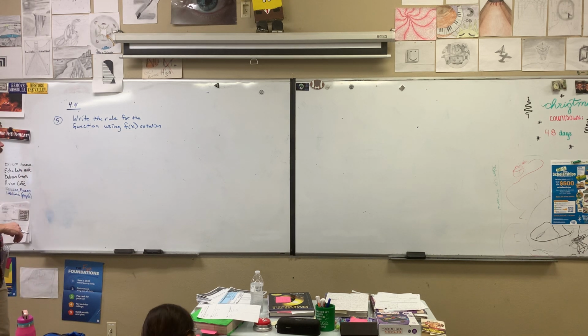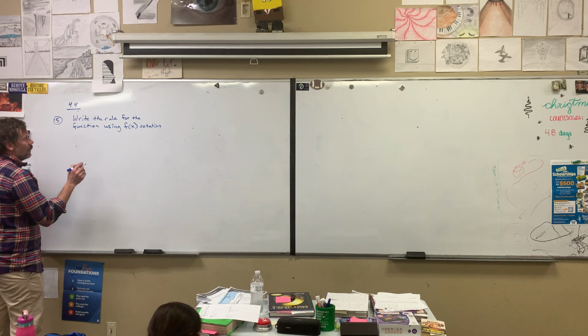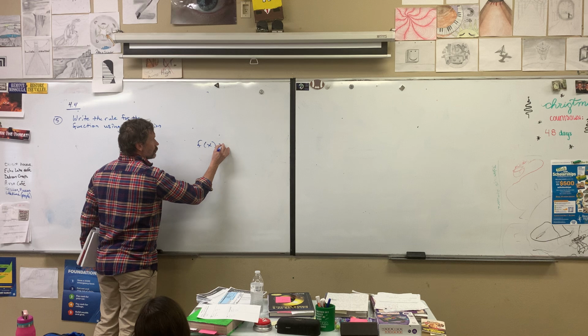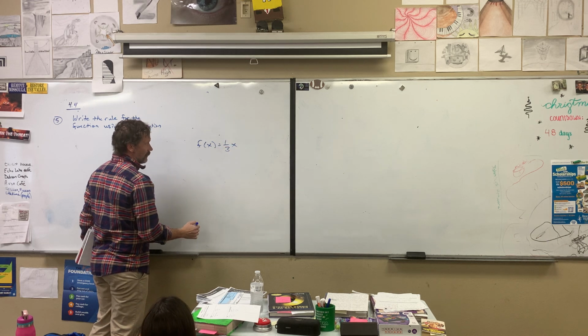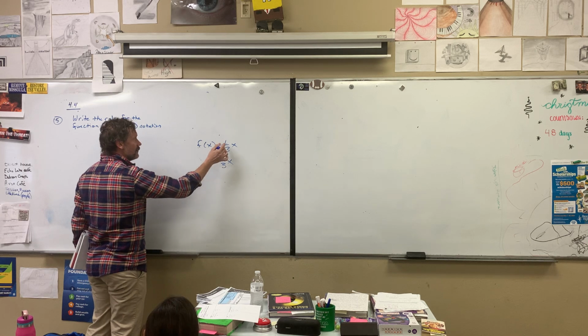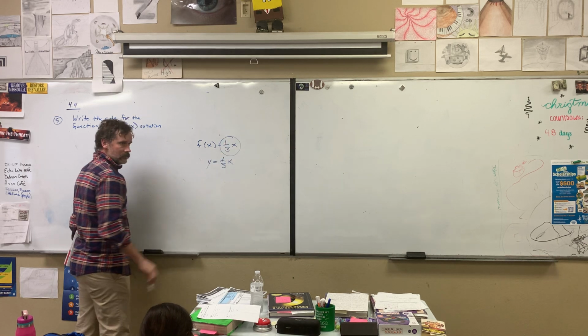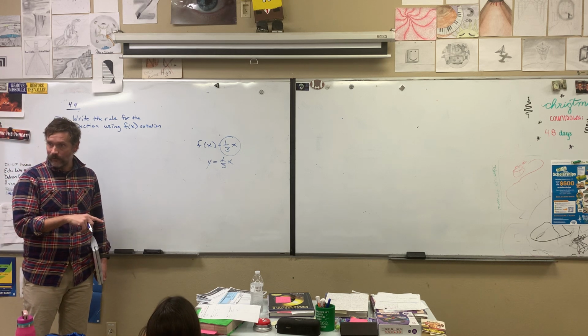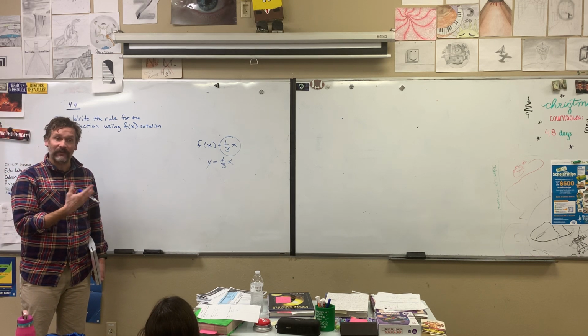Okay, so when we go to look at these, yesterday we were doing some functions. You had f of x is equal to 1/3 x, which we said y is equal to 1/3 x. If you remember, this is a rule. You input x, you divide by 3, or multiply x by 1/3. That's a rule.